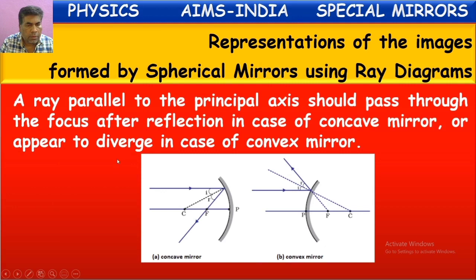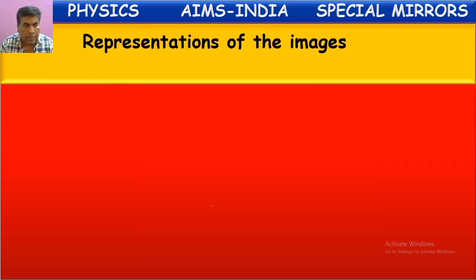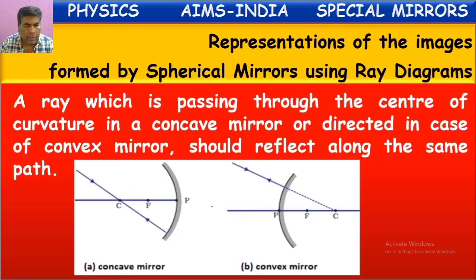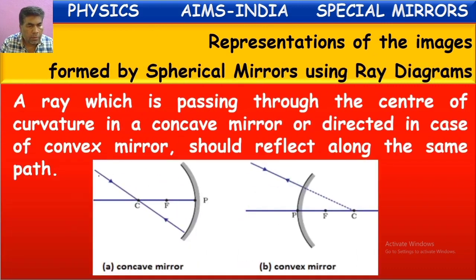So one ray is parallel to the principal axis, it will pass through the focus, or another ray passing through the center of curvature, after hitting the mirror, retraces its path or reflects back in the same direction.